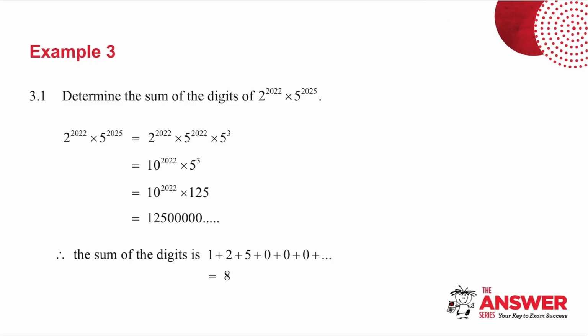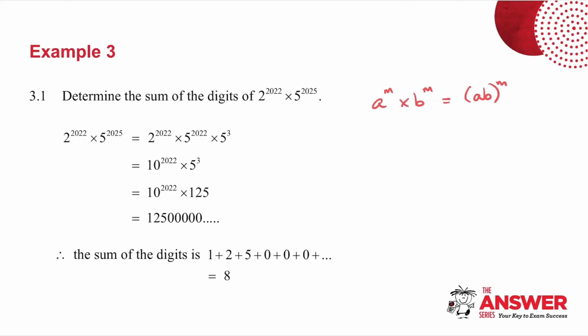And we need to remember that a to the m times b to the m is equal to ab to the m. In other words, if I've got the same power, I can multiply the bases and my power stays the same. Now, if I look at the bases of 2 and 5, I know that 2 times 5 is 10.